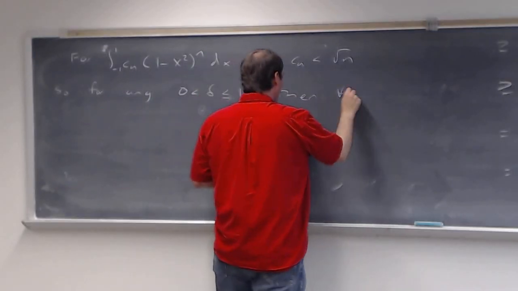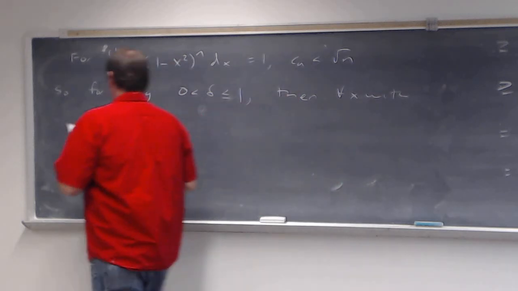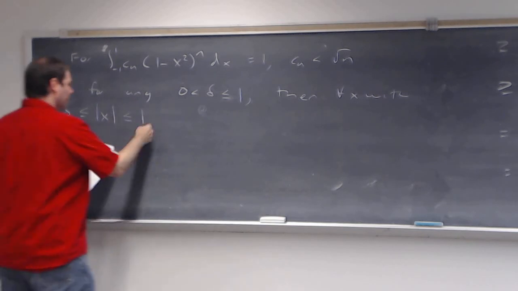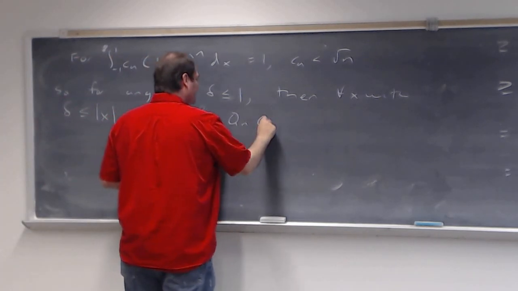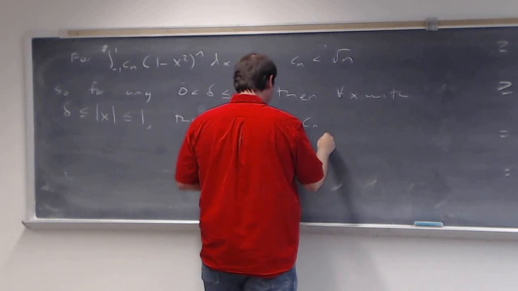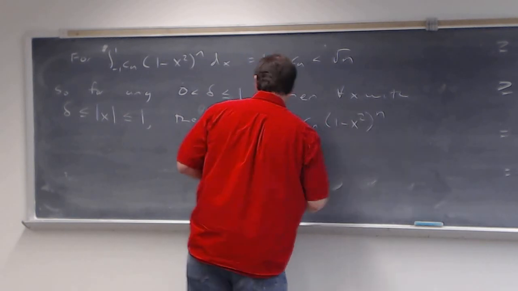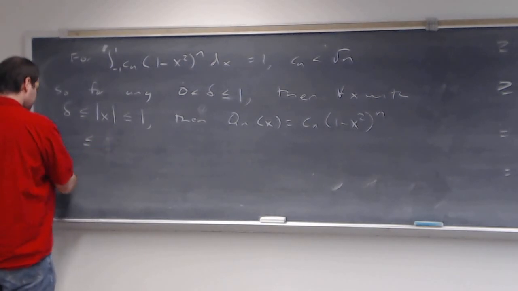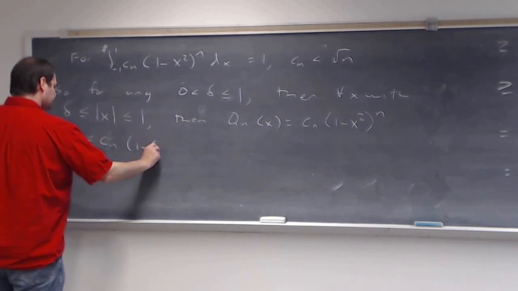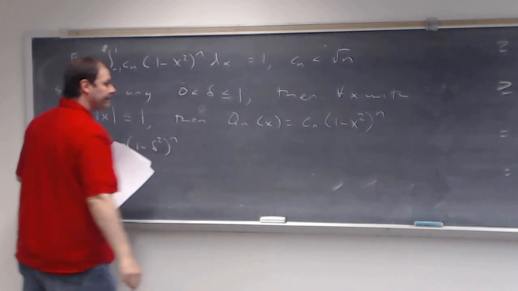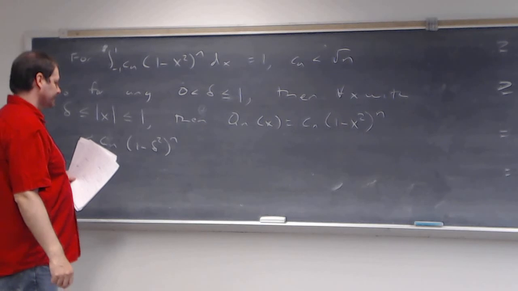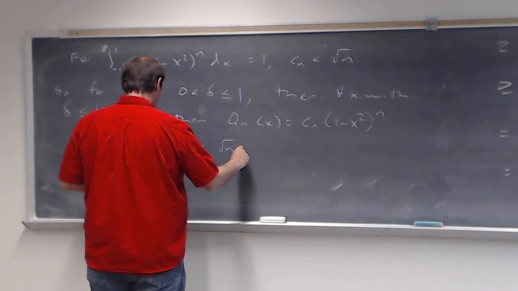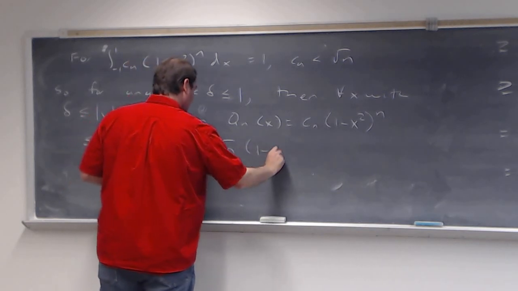Then for all x with delta less than the absolute value of x less than or equal to 1, q sub n of x, which equals c sub n times (1 minus x squared) to the n by definition, we know to be less than or equal to c sub n times (1 minus delta squared) to the n, which we know to be less than or equal to the square root of n times (1 minus delta squared) to the n.